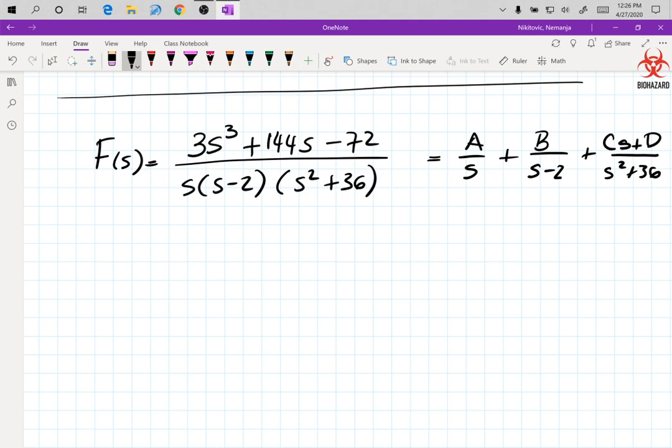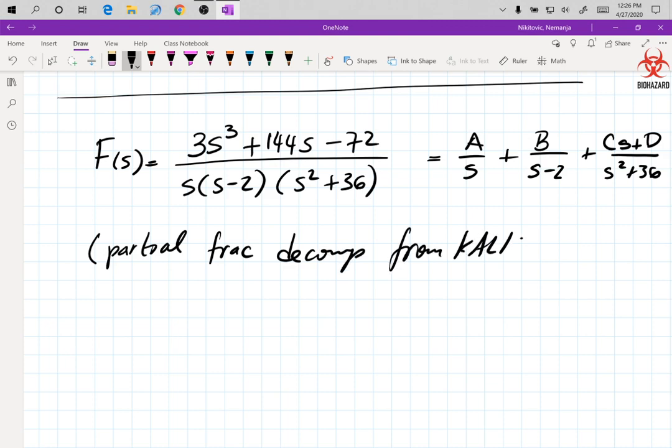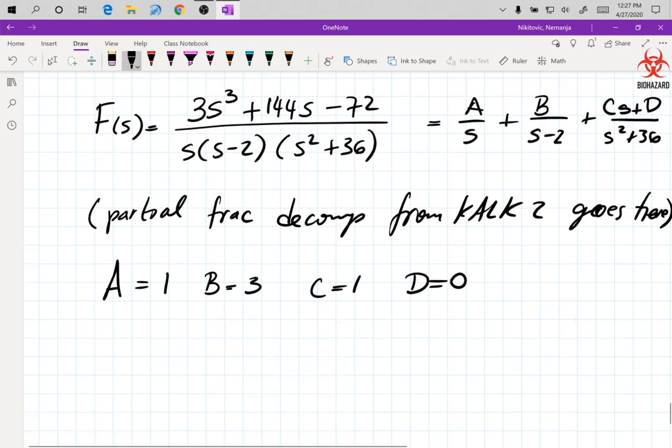You apply your partial fraction decomposition from Calc 2 here, and we get A is equal to 1, B is equal to 3, C is equal to 1, D is equal to 0.